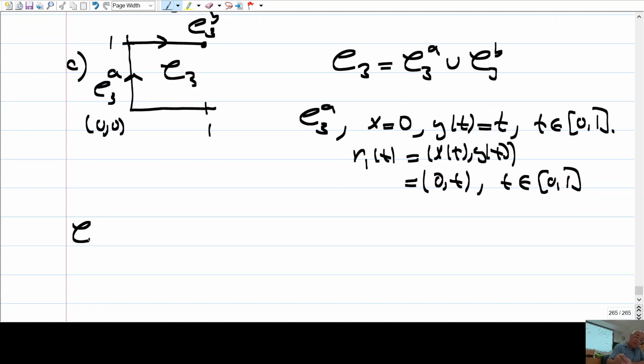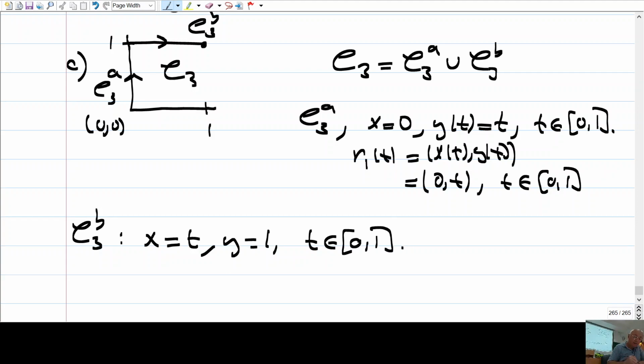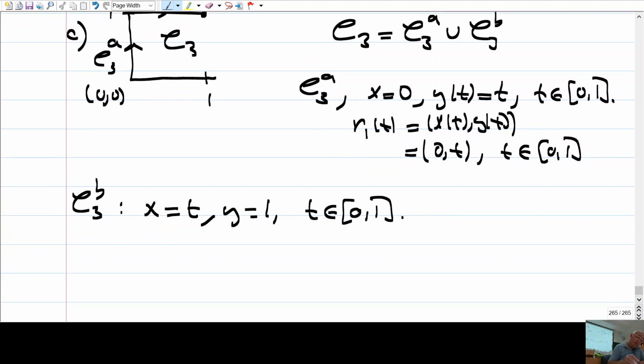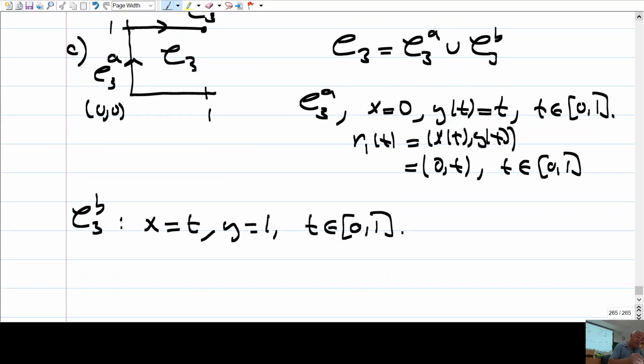And C3B is what? Here x is going from 0 up to 1. So I can just choose x(t) to be t. And what is y? Y is constant and it is always 1. And again, I can just choose t to be a point in the interval [0, 1].